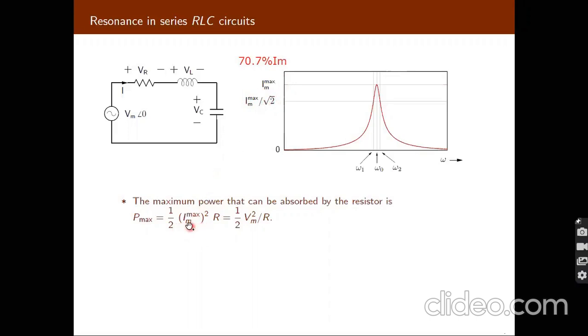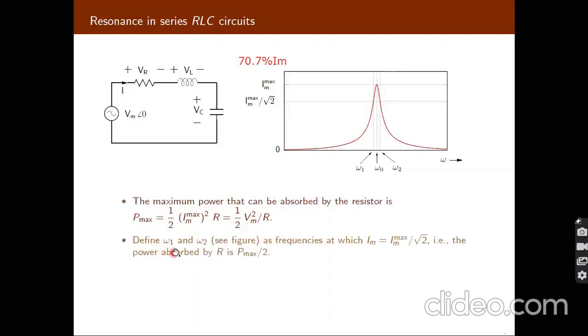So Im square by 2 into R. Now this Im we can write as Vm by R. So (Vm by R) whole square means Vm square by R square, and this R square and R get cancelled. So the resultant will be 1 half Vm square by R. Okay, keep this aside.